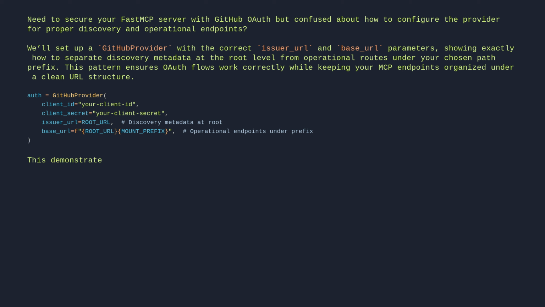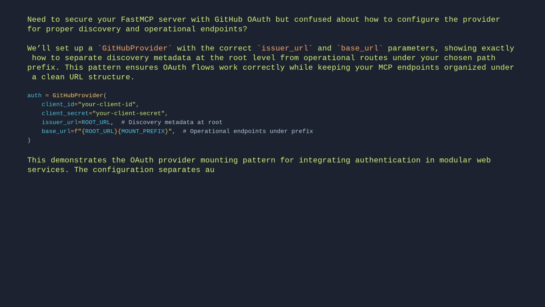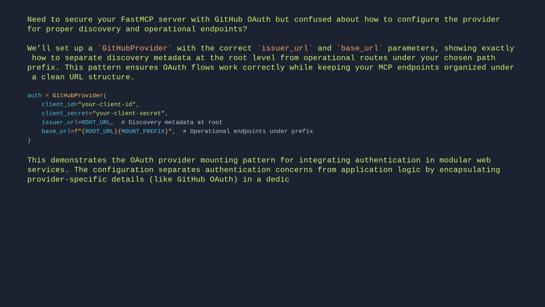This demonstrates the OAuth provider mounting pattern for integrating authentication in modular web services. The configuration separates authentication concerns from application logic by encapsulating provider-specific details, like GitHub OAuth, in a dedicated provider class, while maintaining clean routing separation between discovery endpoints and operational paths.